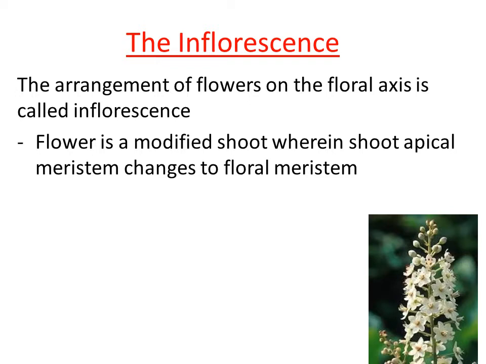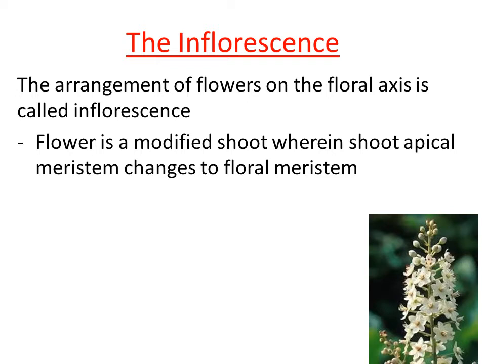Because we have already studied that shoot apical meristem adds new tissues to the plant, from where the new leaves form and the stem arises. But when the shoot apical meristem gets modified into floral meristem, instead of adding leaves and stem to the plant, it starts forming new flowers.